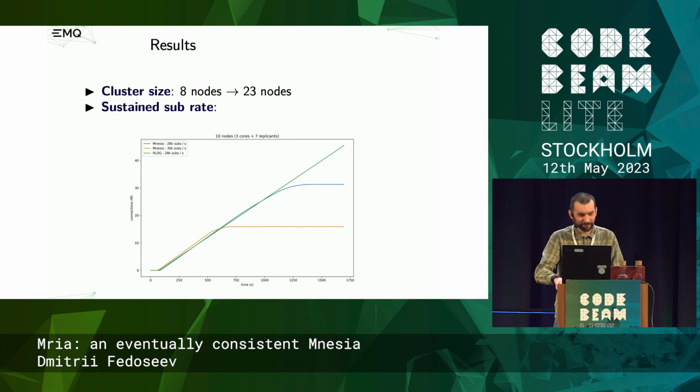Okay, conclusion. The Mria project turned out to be a success for us. My colleague, Thales Macedo Gretezi, did a great presentation on Mria and EMQX performance testing. He did very large scale, very comprehensive testing, and he did a presentation on CodeBEAM America last year. So for the performance results, I will just refer to his great talk.